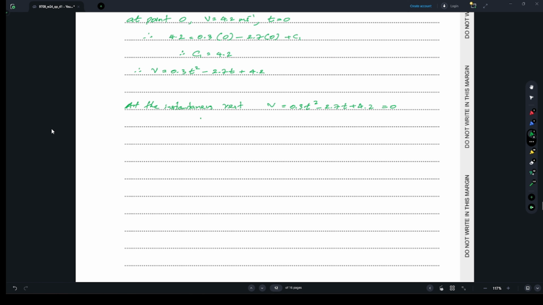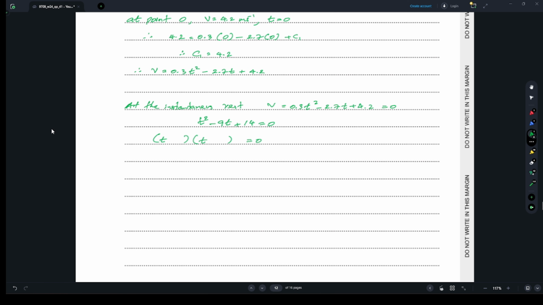You can divide all by 0.3. Then t square minus 9t plus 14 equals 0. You don't need to use the calculator for this one.